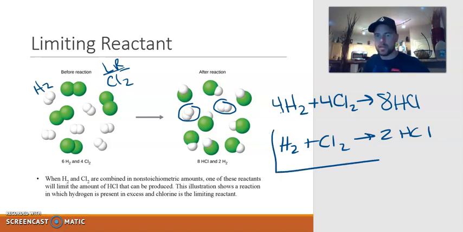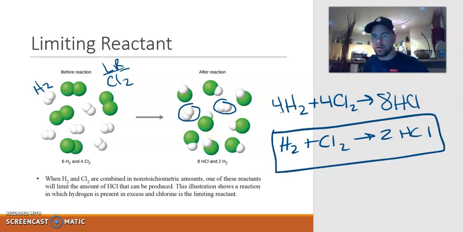So that would be the chemical equation that's reduced. It's balanced, it's stoichiometrically accurate, and that would be the reaction that's actually taking place here. So that was kind of a little extra something for you. You're welcome. But the key thing here that I wanted you to see is that the hydrogen was the excess reactant and the chlorine was the limiting because that ran out.